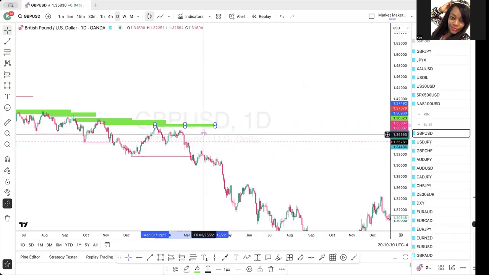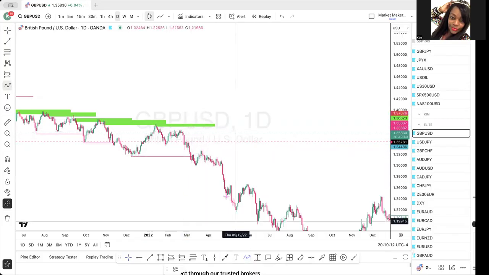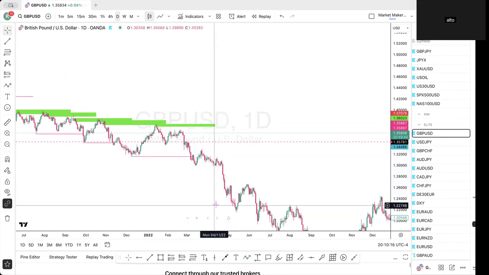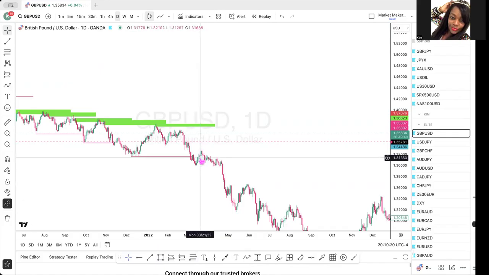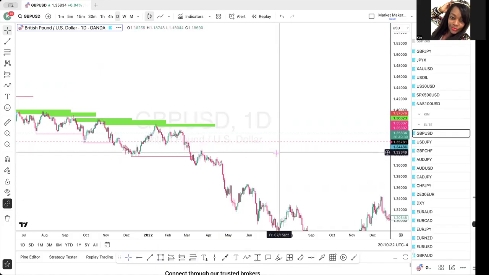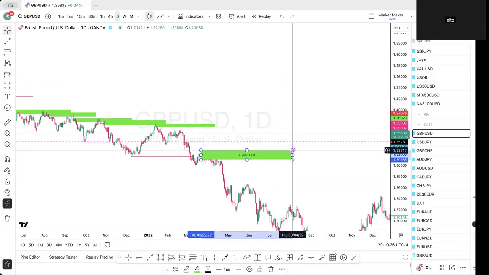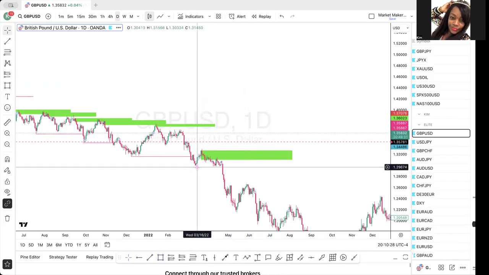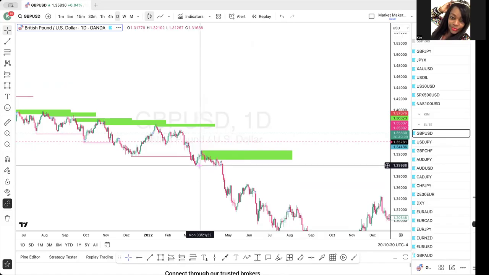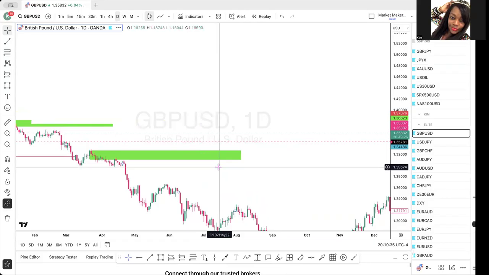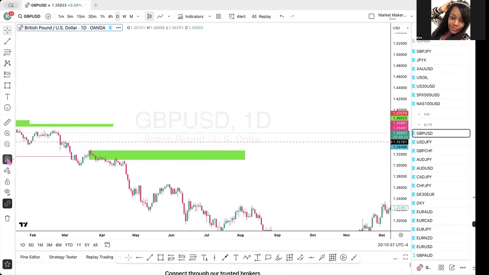And when price doesn't come back and then starts breaking structure again, right, you can mark up your last one. This is my last up candle before my down move. So once price broke, I don't know if this would be considered the break. Let me see, I need my magnet for this one.